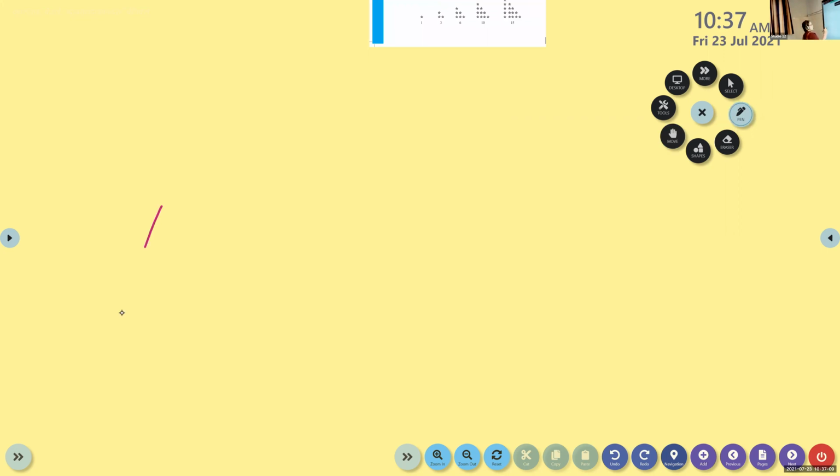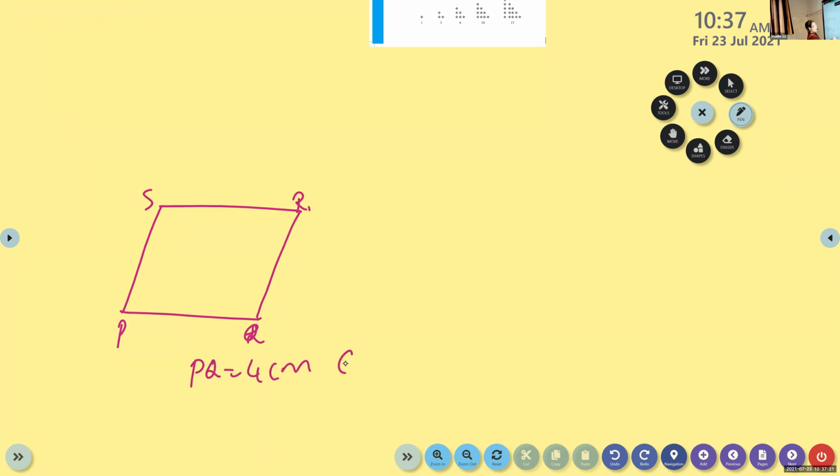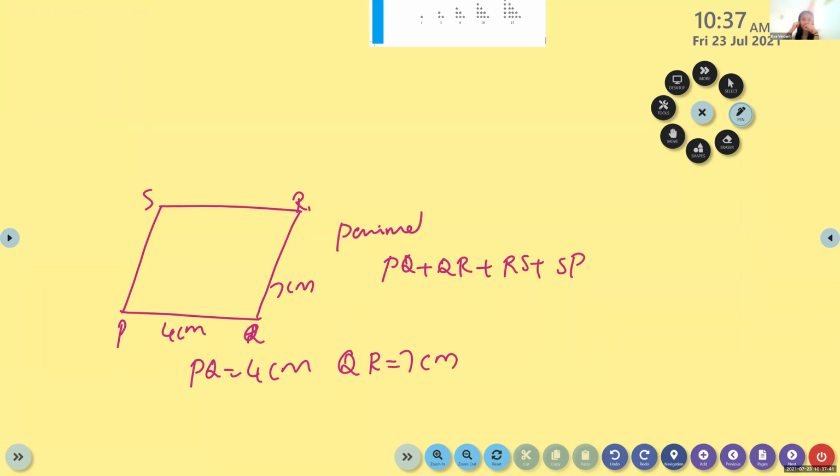See, suppose we have a parallelogram PQRS. Suppose PQ is 4 centimeter, QR is 7 centimeter. Perimeter we need what? PQ plus QR plus RS plus SP. Perimeter equal to sum of these 4 sides.